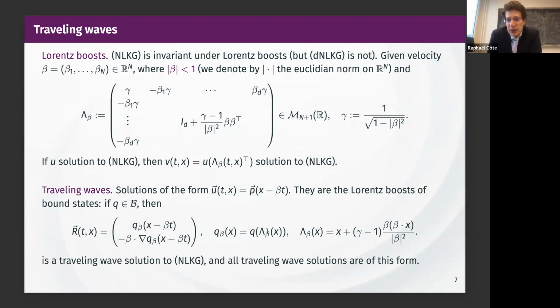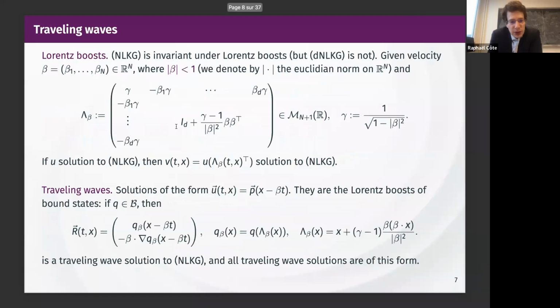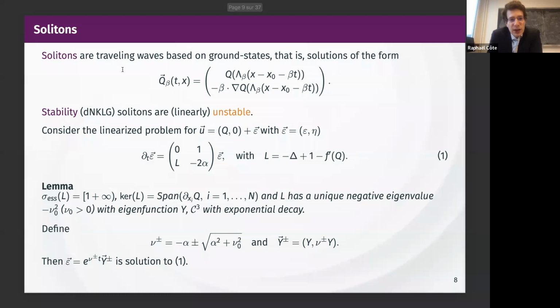This is specific to the Klein-Gordon case. I mentioned already that in the damped case, you do not have a traveling wave solution. Solitons are traveling waves where Q is only a bound state. Actually, solitons are traveling waves based on the ground state. In physics terminology, solitons are usually referred to as stable objects. However, for the Klein-Gordon equation, and even in the damped case, what I call solitons are linearly unstable.